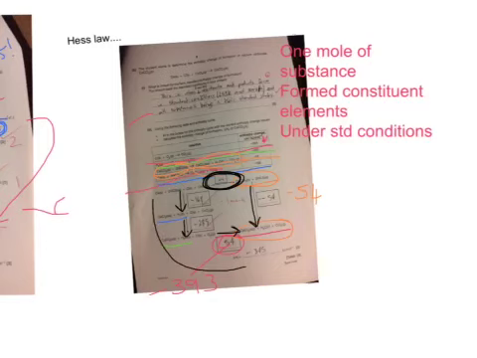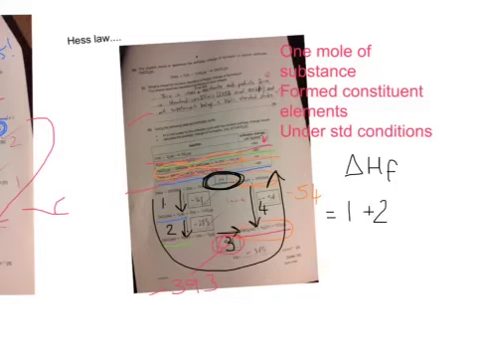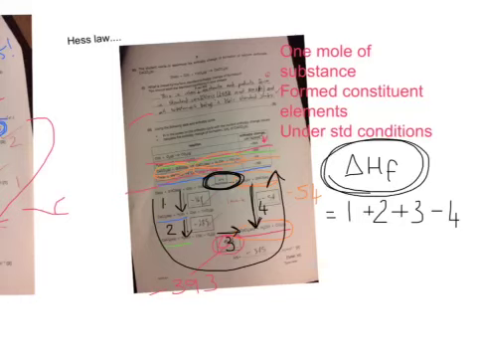So if we're going from Leeds to Bradford, A to B, and if I just label the arrows just for explaining's sake, 1, 2, 3, 4, then the delta HF, so enthalpy change of formation, equals arrow 1 plus arrow 2 plus arrow 3 minus arrow 4, because 4 is going against the arrow, against the grain, and we want to find the direct method using this indirect method, which takes 4 reactions to get there.